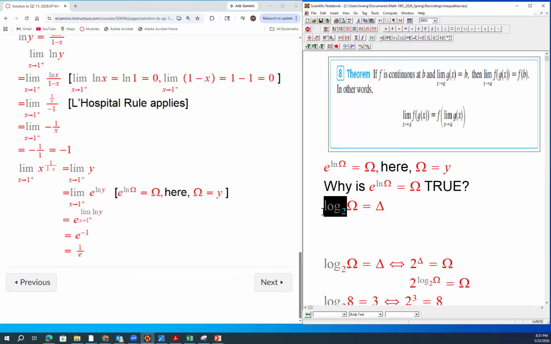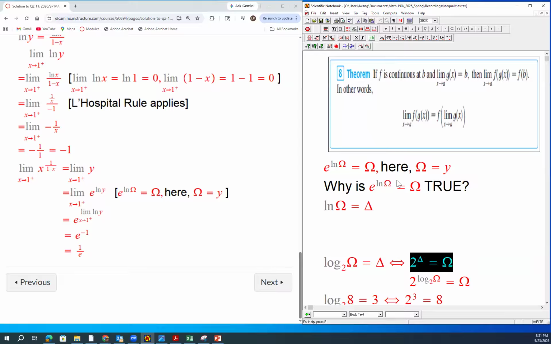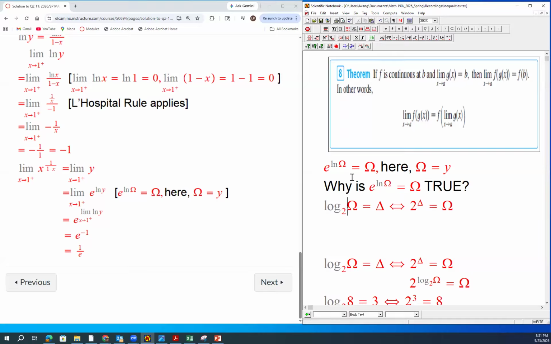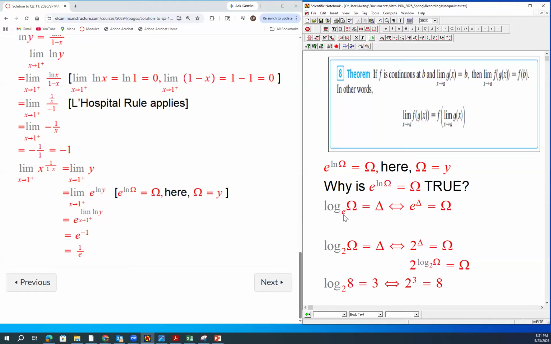So this is going to be ln, and the base 2 will be changed to base e. So this will be e to the power of triangle equals omega. It's a similar relationship, and we have a shorthand notation for log base e, which is ln.